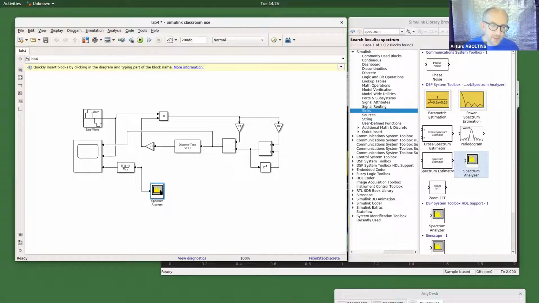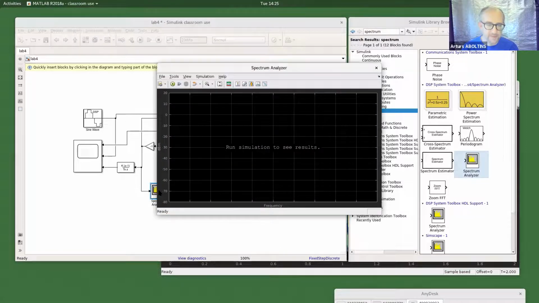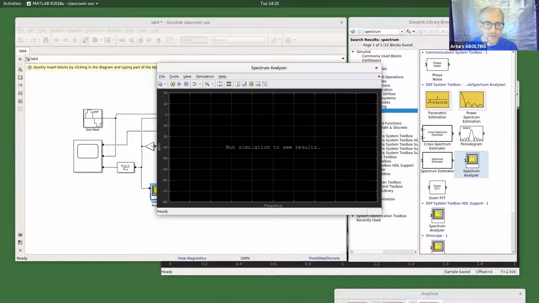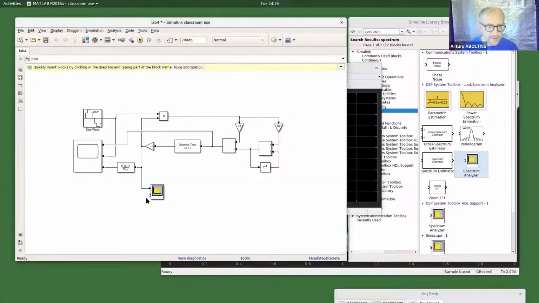In this lab work description, I mean. And we also could do the dirty trick and measure the spectrum of both signals. Here, if I go to file, number of input ports, I could say 2. And then I could also feed this reference signal to the spectrum analyzer as well.